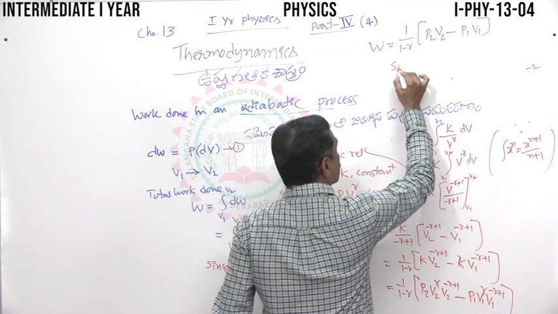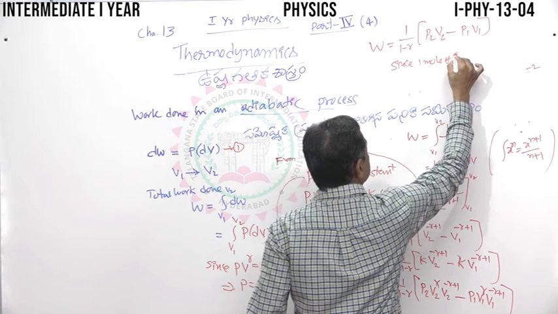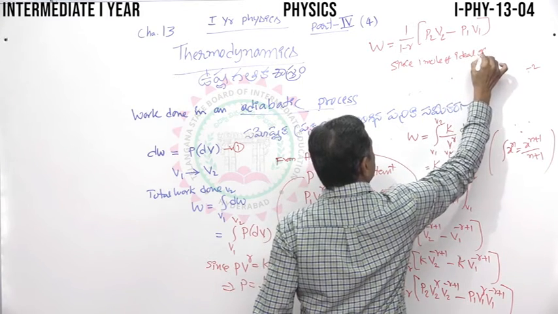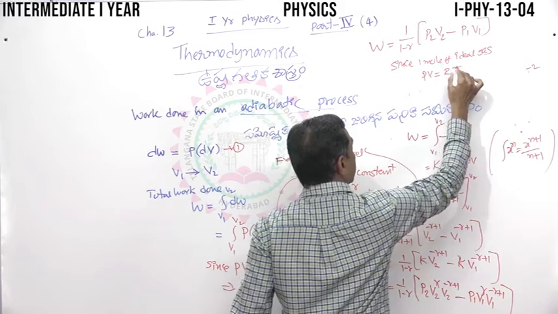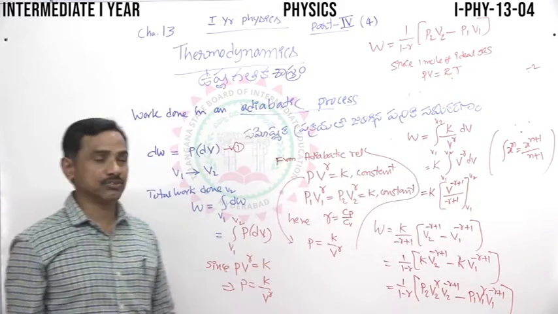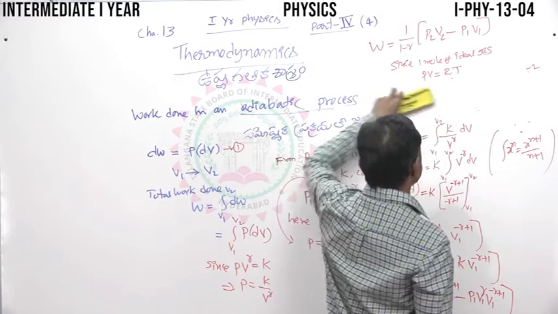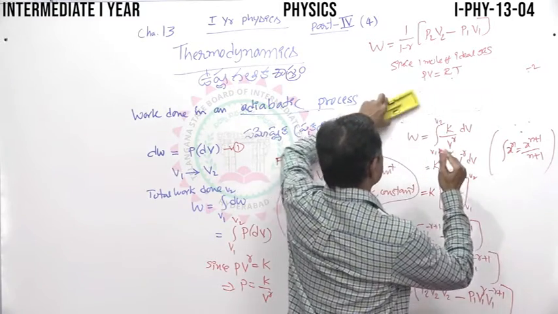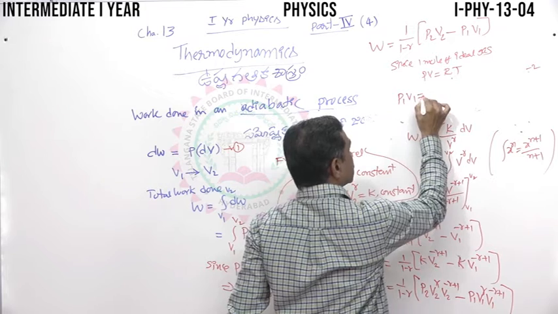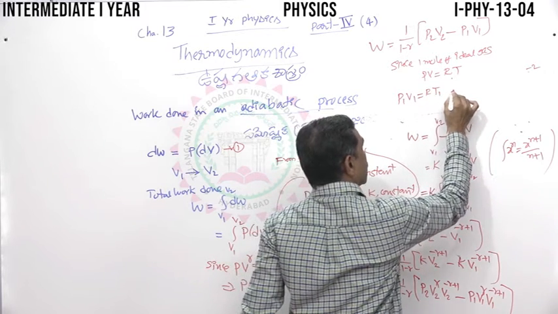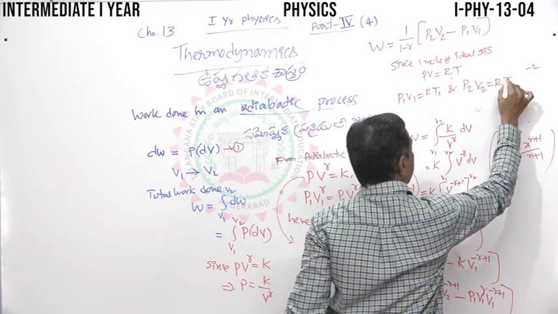Now, since we know for 1 mole of an ideal gas, PV is equal to RT, where R is the universal gas constant. So using this expression, for a temperature T1, P1 V1 is equal to RT1, and P2 V2 is equal to RT2.